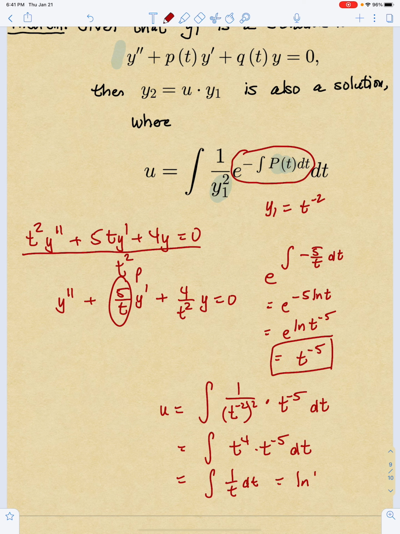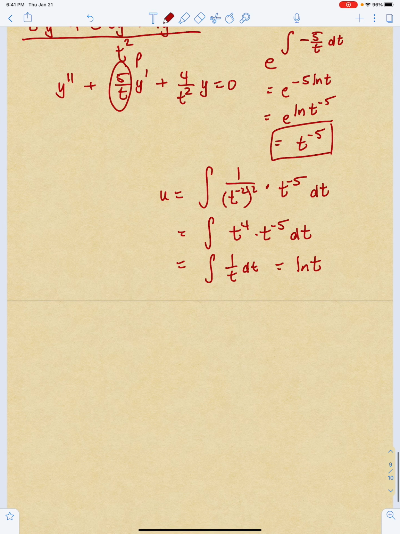So that's going to be the natural log of t. So that tells us what to multiply by y1 to get the other part of the solution. So therefore, y2 is equal to u times y1, which is t to the negative 2 natural log of t.